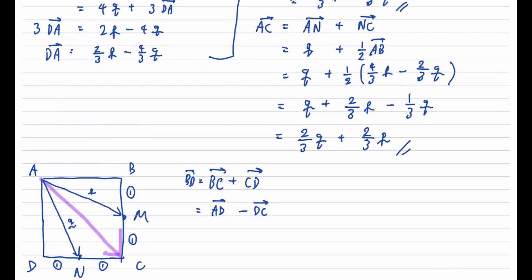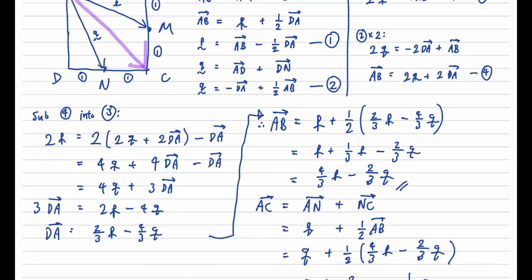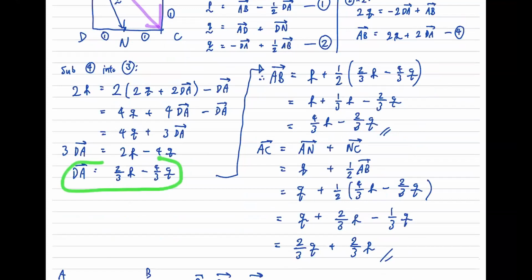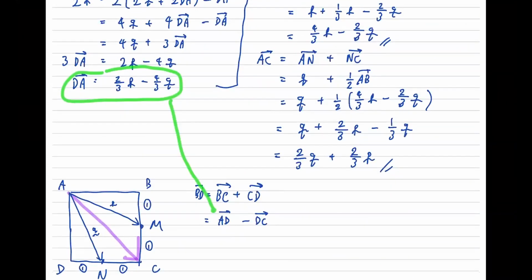Let's see. I can't remember. We found DA. That's closely related to AD. How is it related? Negative, yes. So that means we just have to become negative 2/3. Okay, I'll just show the working. Negative 2/3 P minus 4/3 Q.